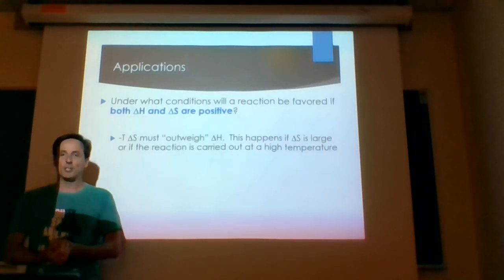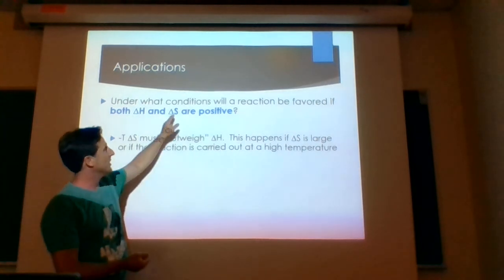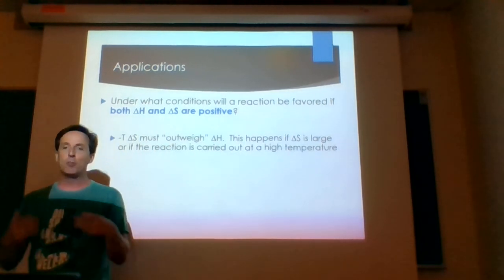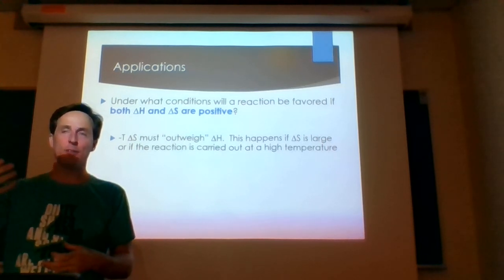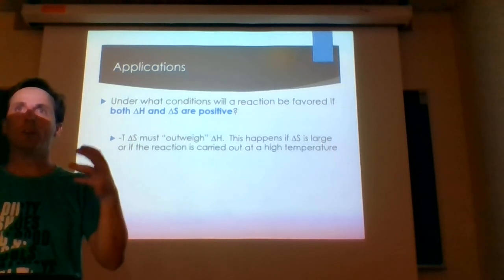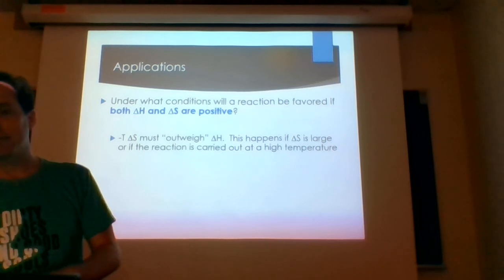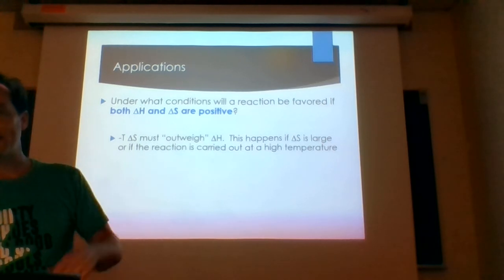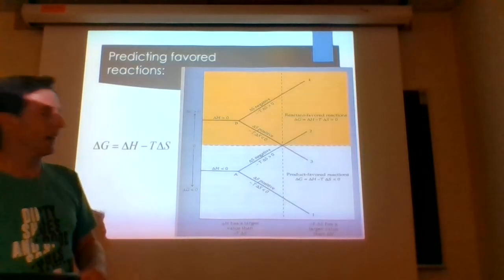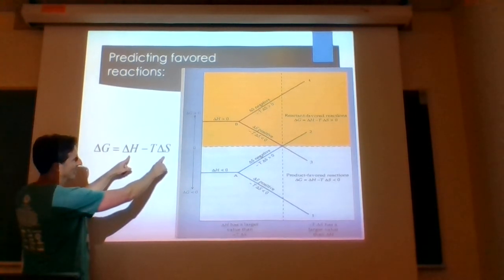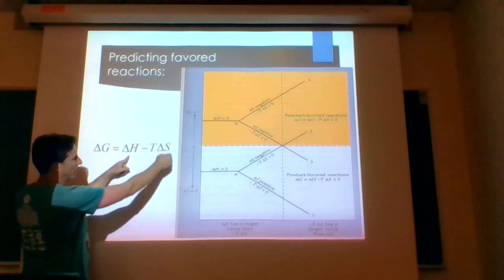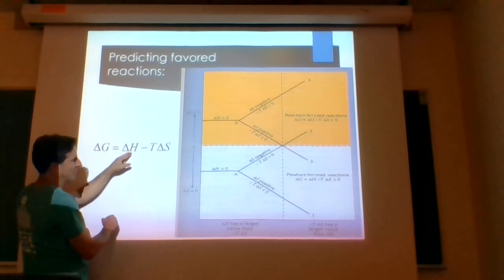If I have a reaction where both delta H and delta S are both positive, then under what conditions will the reaction be spontaneous? So delta H, delta S are both positive. So if I go back, if this is positive and this is positive, I need to subtract a bigger number than the positive number I started with.